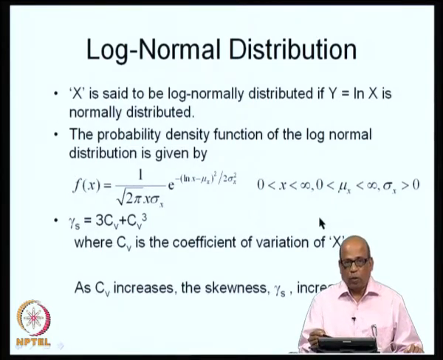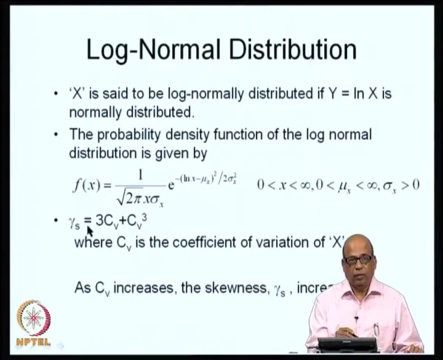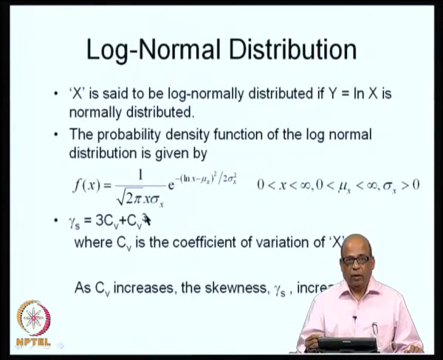Now, this has a property that the skewness coefficient gamma s is given by 3 C v plus C v cube, where C v is the coefficient of variation of x, which as you can recall is simply sigma x divided by mu x. So, as C v increases, the skewness gamma s increases for the log normal distribution.